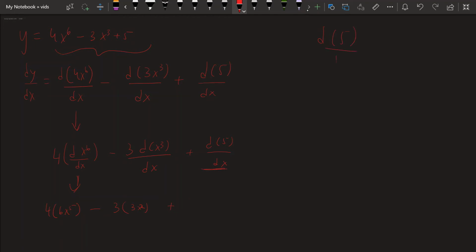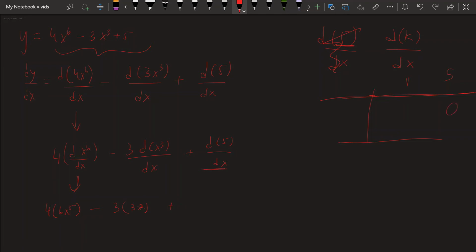Now the derivative of 5, or the derivative of any number, let's say k, and k is a constant. What's the derivative of a constant? Well, what is a constant? If we were to graph a constant, let's say 5, it would be a straight horizontal line.